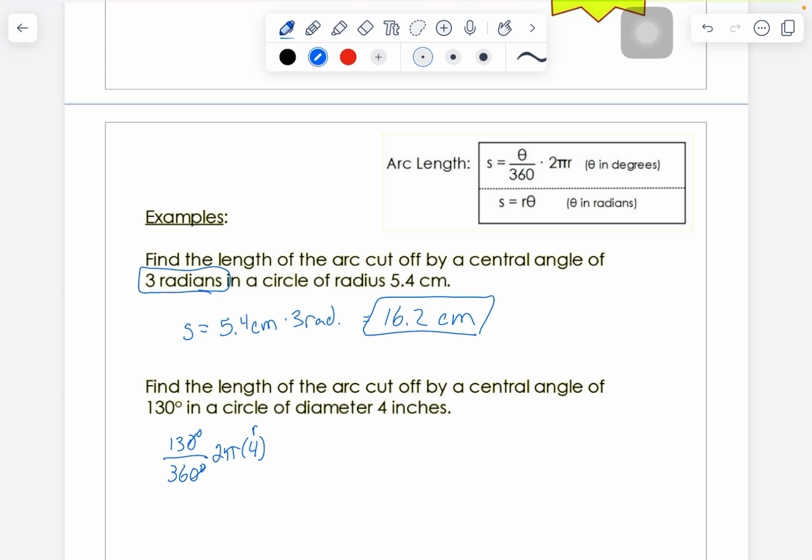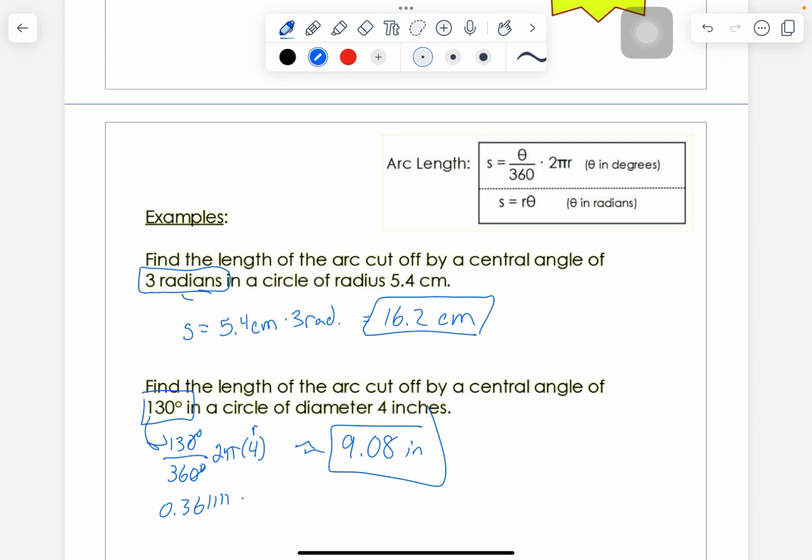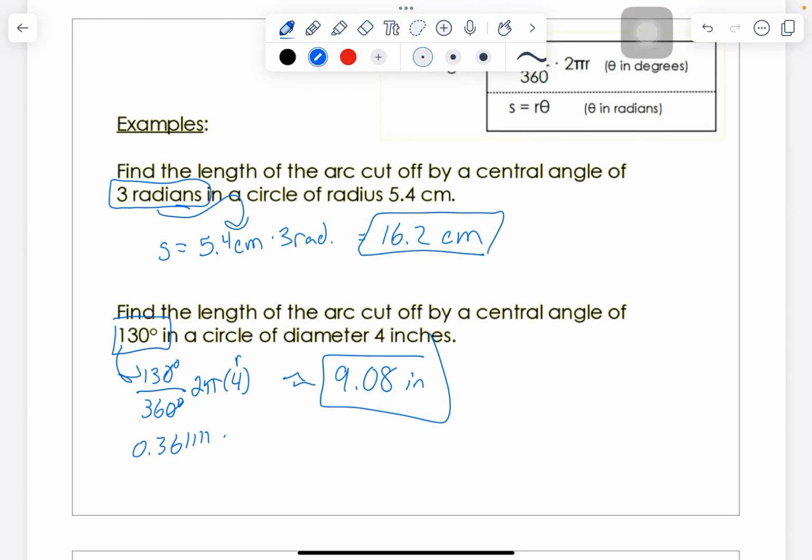Let's see, 13 divided by 36 is 0.361111 times 2 pi times 4, and I get a total of about 9.075, so let's go 9.08 inches. So in degrees, this formula; in radians, this formula.